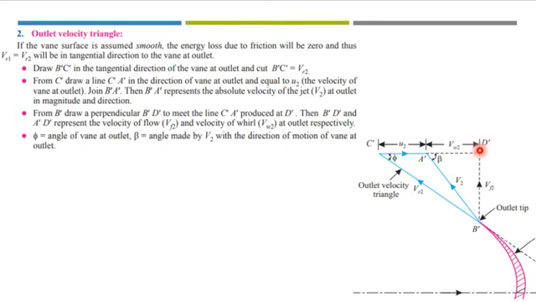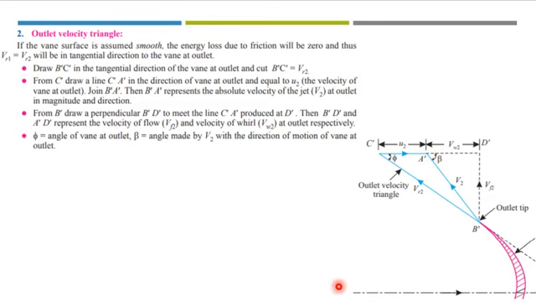Now from B prime, you will draw a perpendicular B prime D prime, which will meet this line A prime C prime produced at D prime. Then this B prime D prime will indicate the vertical component of absolute velocity, which is flow velocity denoted as VF2, and this A prime D prime will indicate the horizontal component of absolute velocity denoted as VW2 and known as whirl velocity.